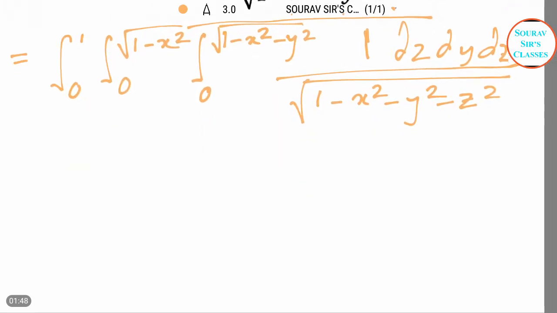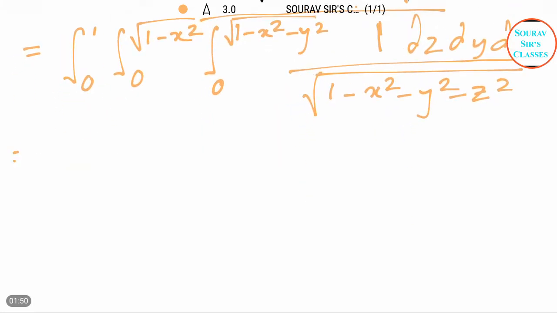Now we can write that x is equal to 0, here y is equal to 0, and here we can write z is equal to 0 for the lower limits.